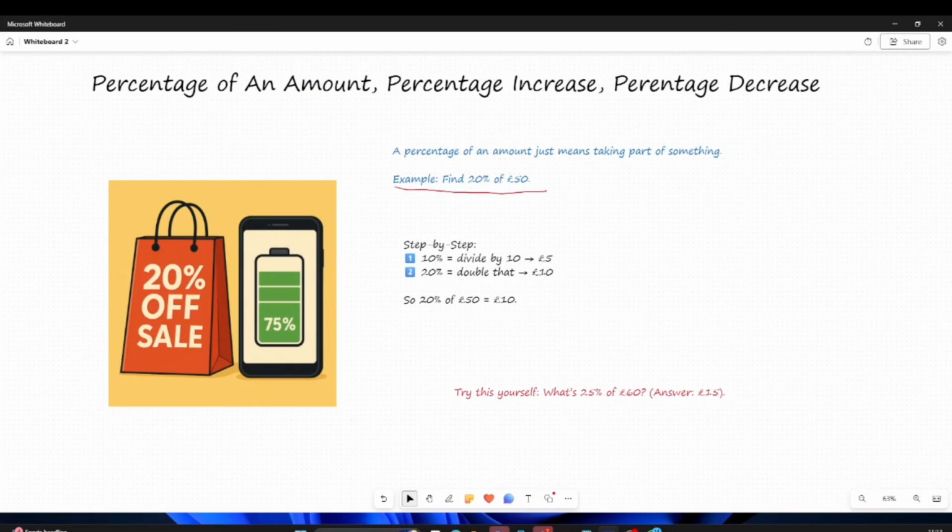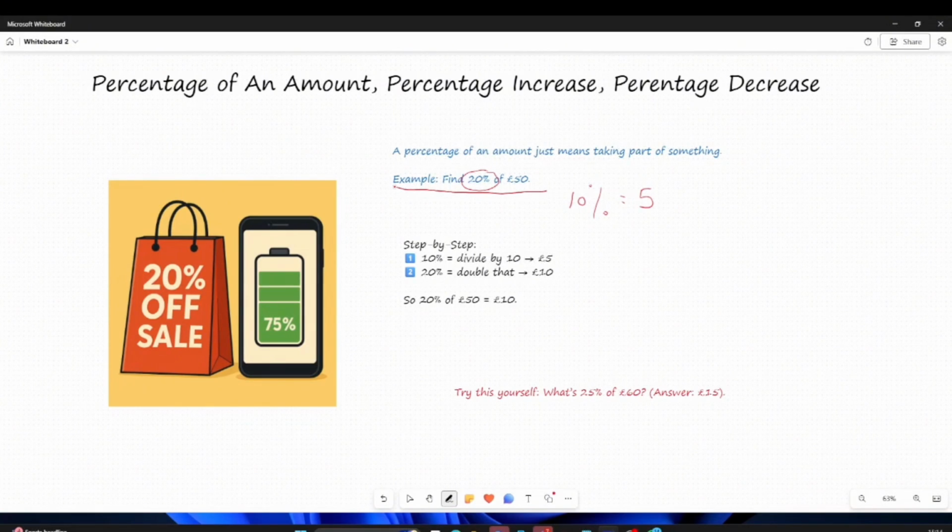You can find a percentage of an amount using two approaches, and we're going to look at both. The first approach is by finding 10% of 50, that is 5. To find 10%, just cross out the zeros at the end, and that gives you 5. Since we need 20%, all you have to do is just double 10%.